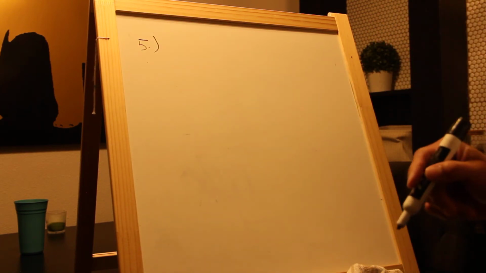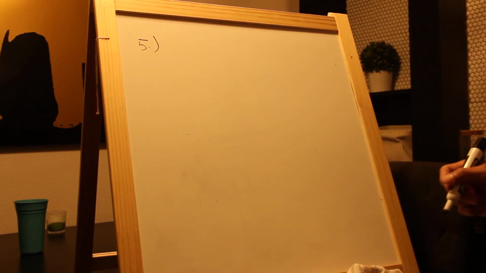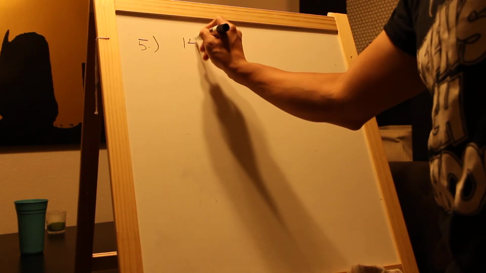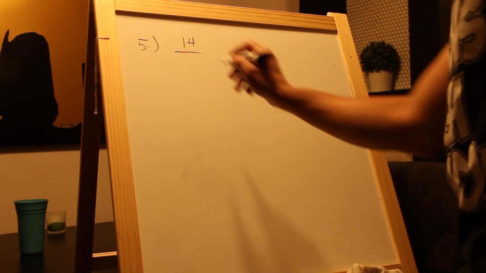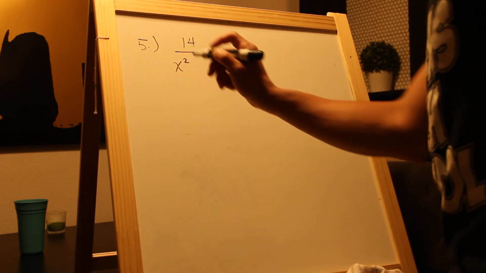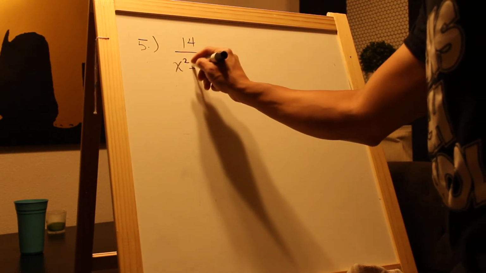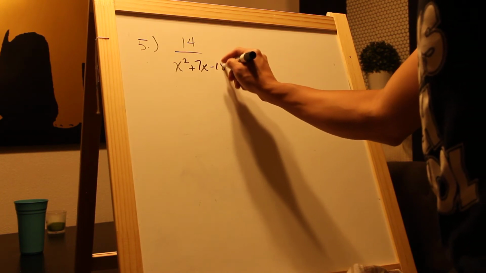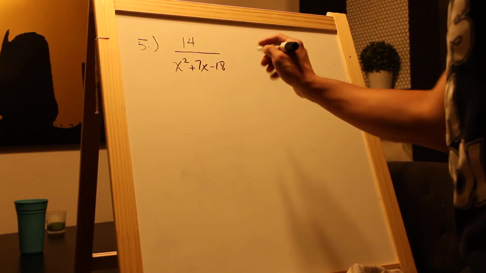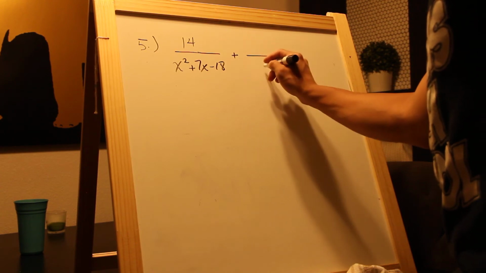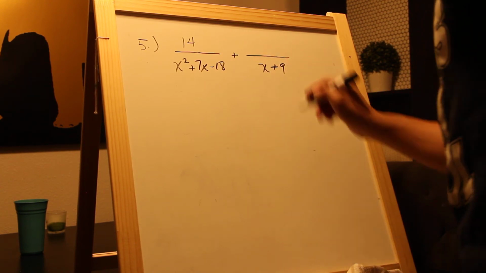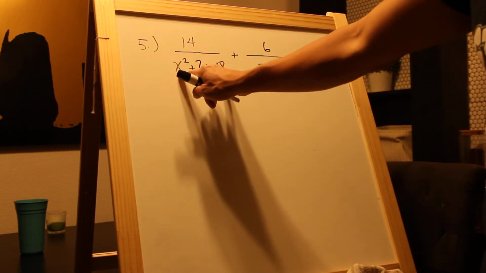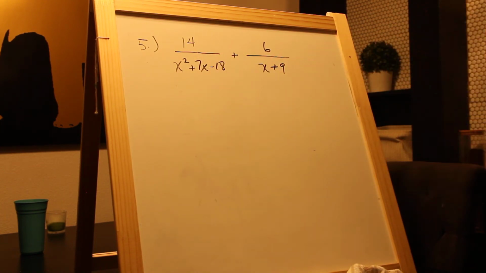I told you guys to factor apart x squared plus 7x minus 18. So here is the original problem to work with. The hint is to factor this apart.